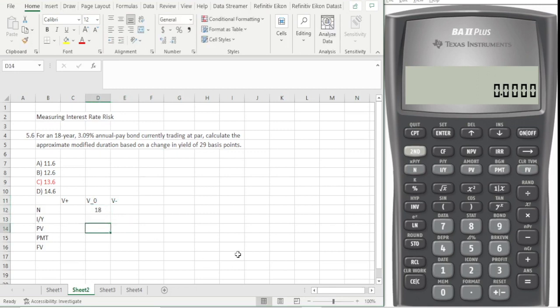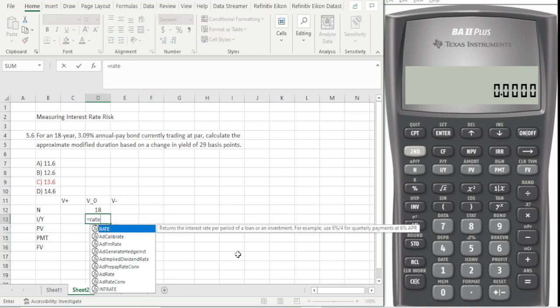18, and this annual bond trading at par. So coupon payment will be what? Par value times 3.09%. Enter, and we can figure out interest rate.